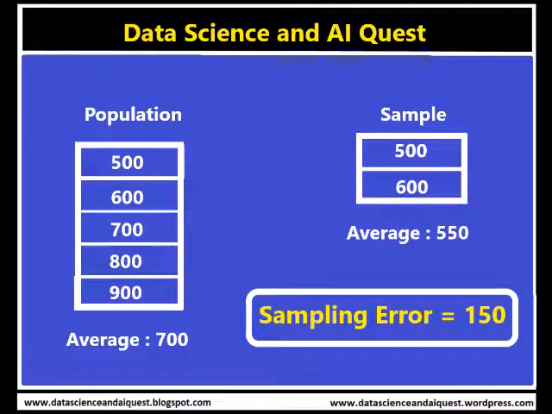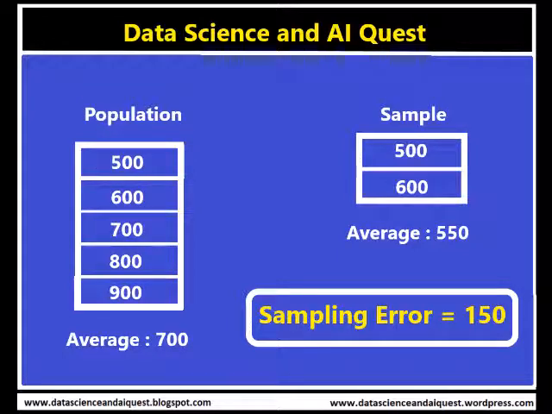Now, if we select a sample of only 2 individuals where X has measurements of only 500 and 600, the sample average calculated is the sum, that is 500 plus 600, divided by 2, as only 2 measurements are taken, so the average comes to 550.